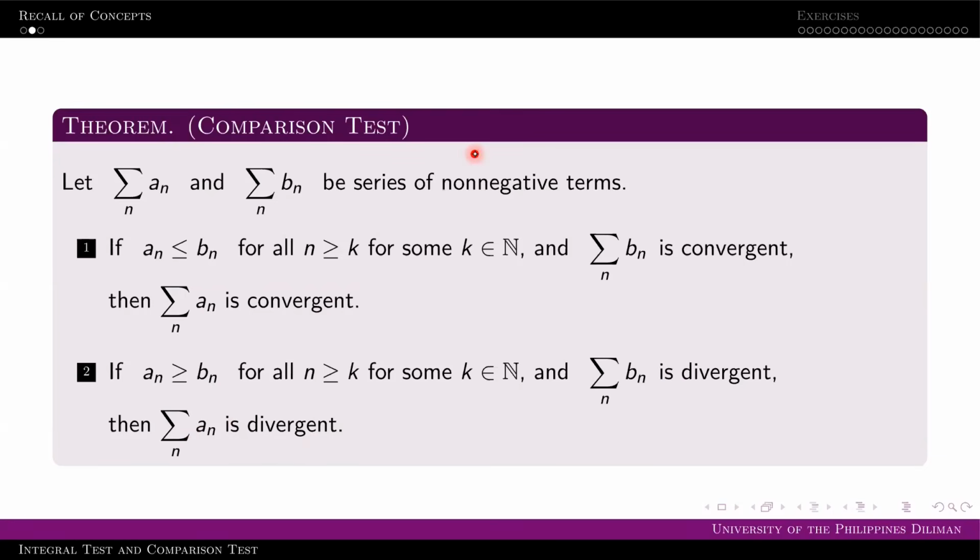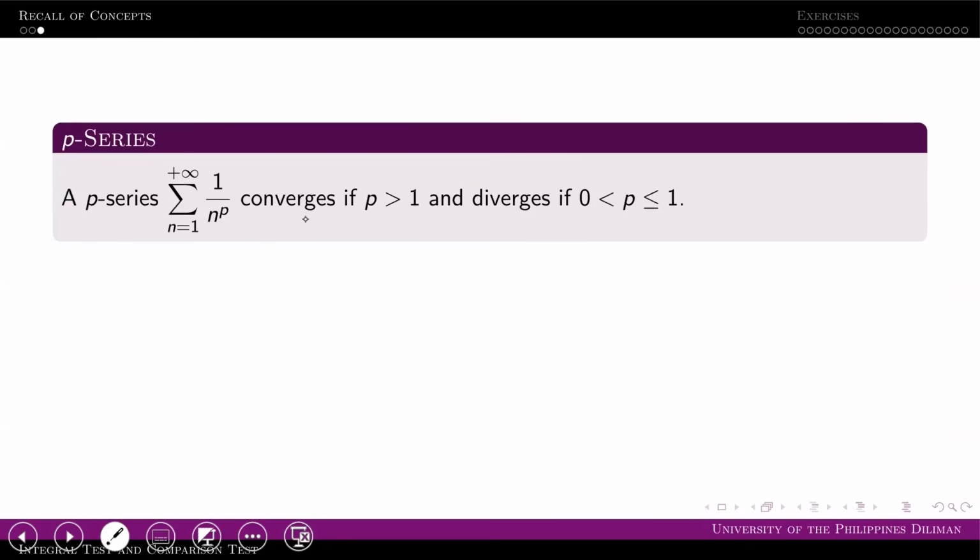Sa comparison test, pipiliin natin si bn or our series for comparison. So, it is helpful to keep in mind the following series which we know the convergence or divergence of. Yung una is P series, which converges kapag si P is greater than 1. Tapos nagda-diverge siya kapag P is between 0 and 1.